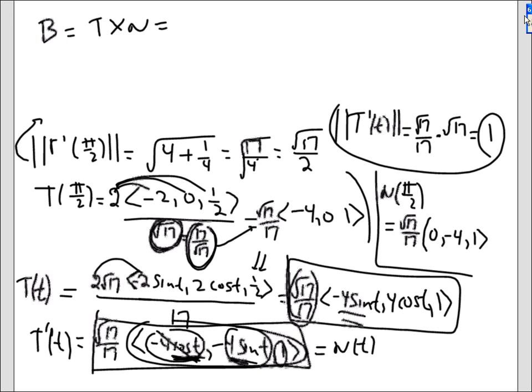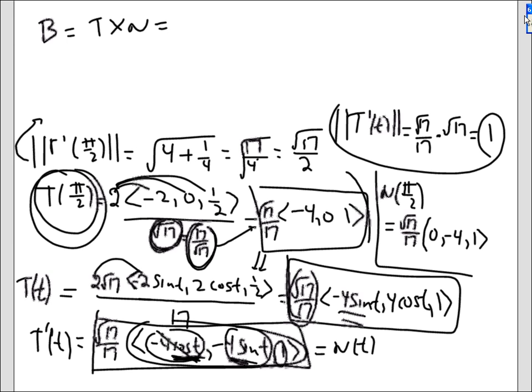T of pi over 2 is this right here. It is the square root of 17 over 17, negative 4, 0, 1.